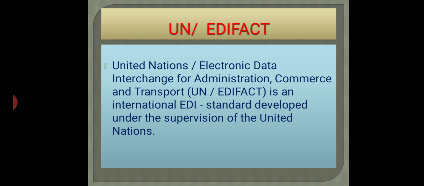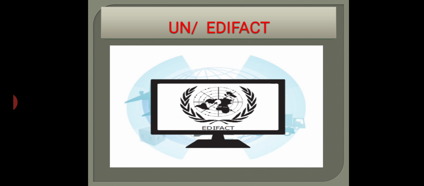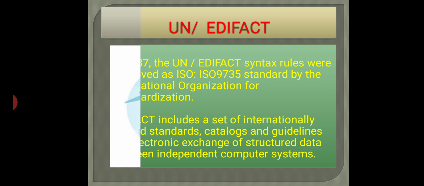Next we are going to see about UN EDIFACT. UN means United Nations and EDIFACT means Electronic Data Interchange for Administration, Commerce and Transport. It is an international EDI standard developed under the supervision of the United Nations. This is the symbol of UN EDIFACT.